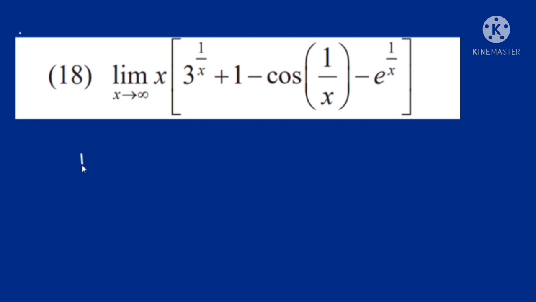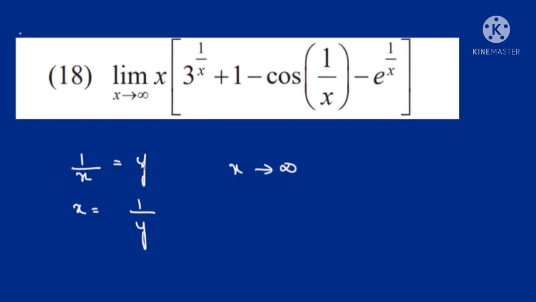Let us substitute 1 by x as y. So x will become 1 by y. Now when x tends to infinity, y will become 1 by infinity, so y tends to 0.